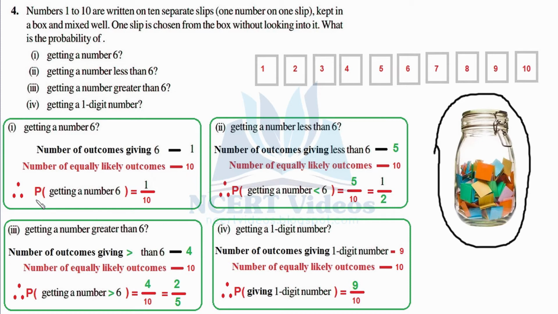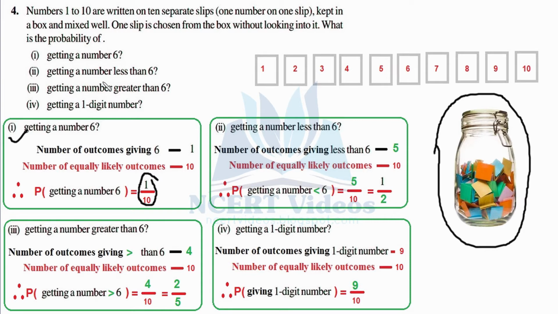We write in mathematics by capital P in brackets the event name we are talking about. We are talking about getting a number 6. So we wrote getting a number 6. We read it as probability of getting a number 6 is equal to how much? Number of instances that will give 6 is 1. So we wrote 1 in numerator over number of total equally likely outcomes, which is 10. So the probability is 1 over 10. That solves our first part.